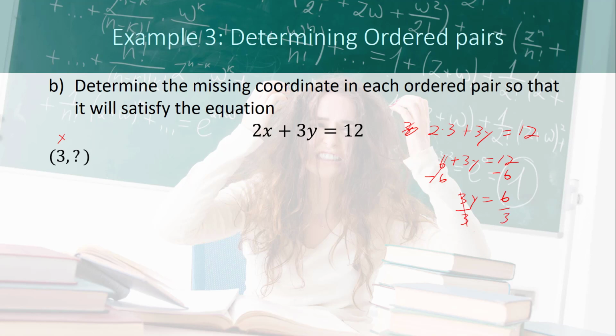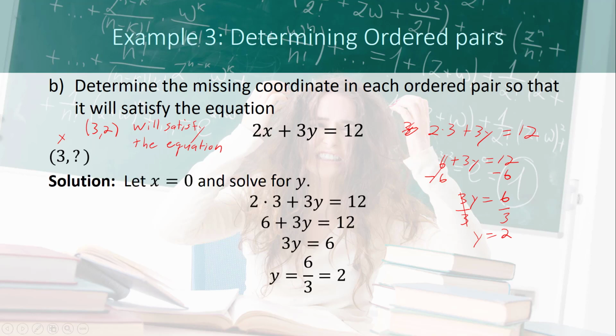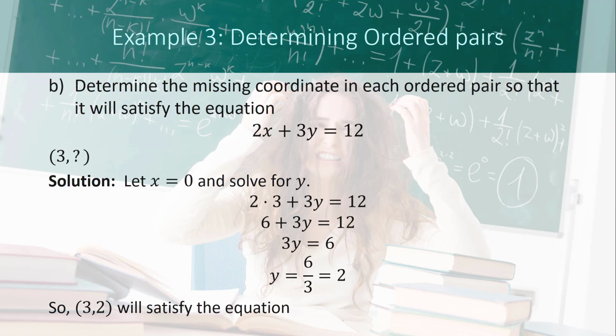And then we would have y is equal to 6 divided by 3, which happens to be equal to 2. So if x is equal to 3, then the value of y equals 2 will satisfy the equation. And this is worked out here. Notice we've got 2 just as well. And again, the ordered pair (3, 2) will satisfy the equation.